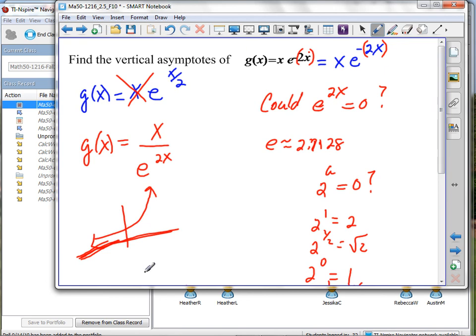Find the vertical asymptotes. Therefore, g of x has how many vertical asymptotes? It's impossible, so therefore it has no vertical asymptotes. I use VA for vertical asymptotes, so please feel free to use that also.